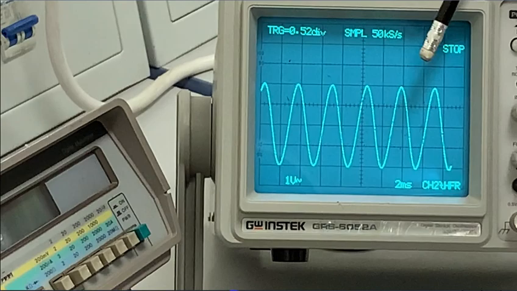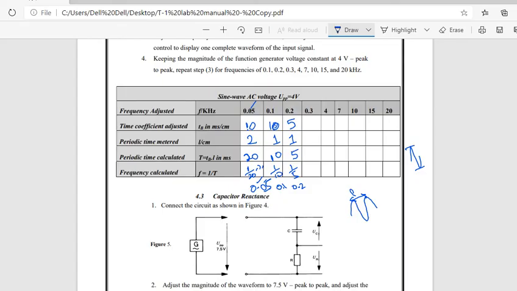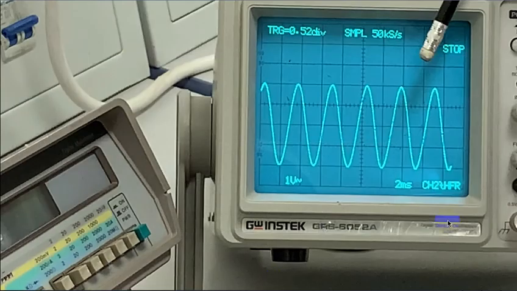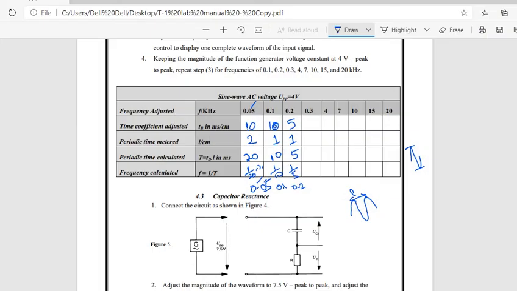So here you will write the deflection coefficient, 2 millisecond, into around 1.7 or 1.8.